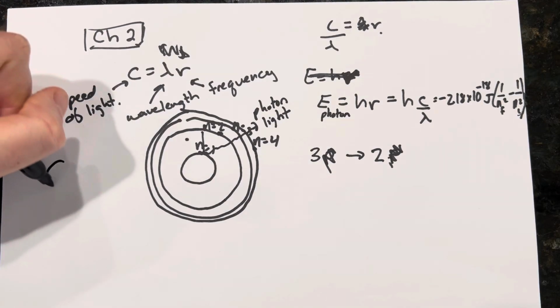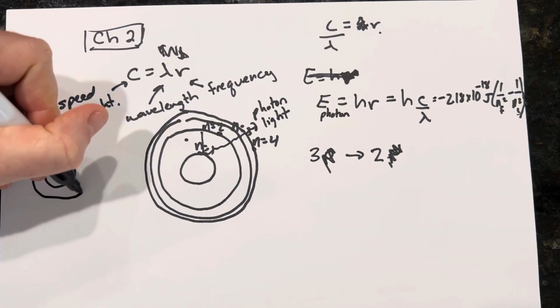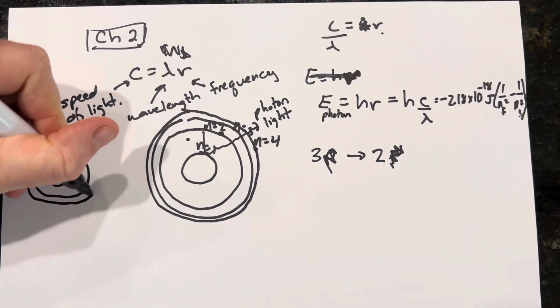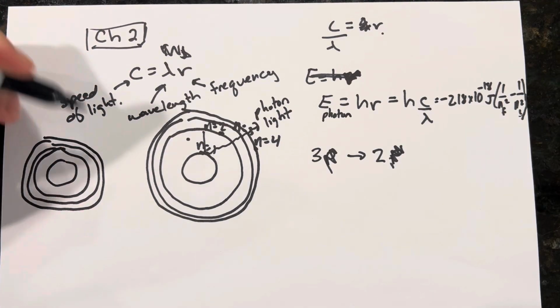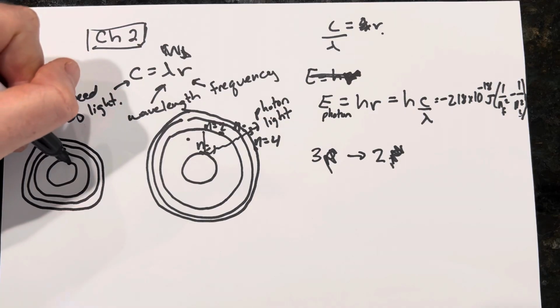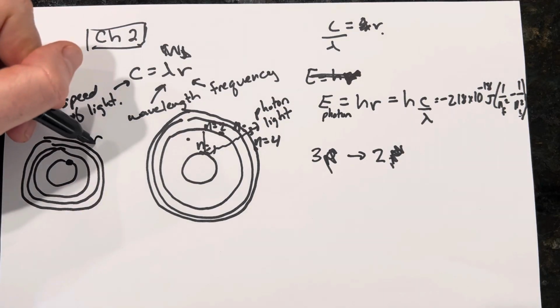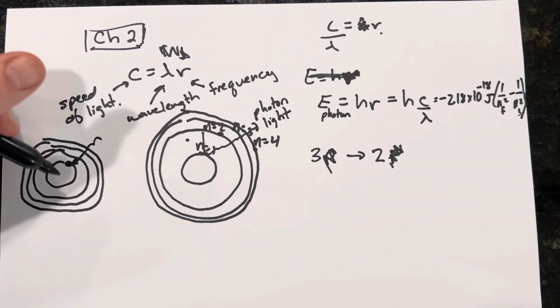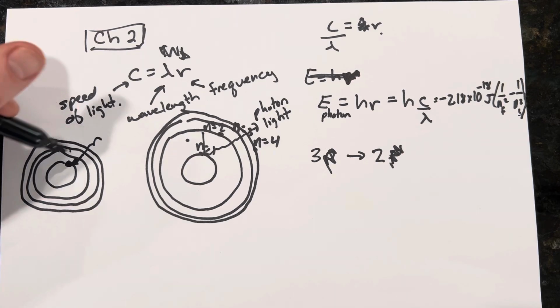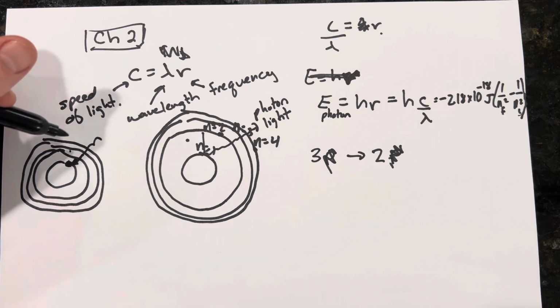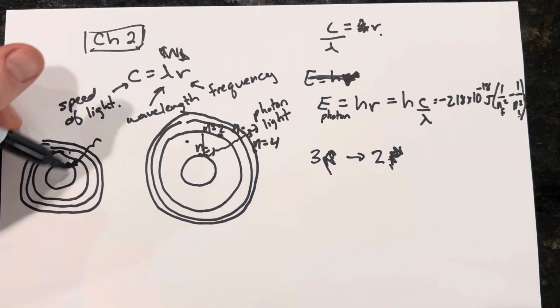So let's say you have an atom hanging out over here. And a photon came in, and the electron was hanging here. The photon could hit that electron and do what we call excite the electron, and it would jump up to the exact same level that this energy photon was.